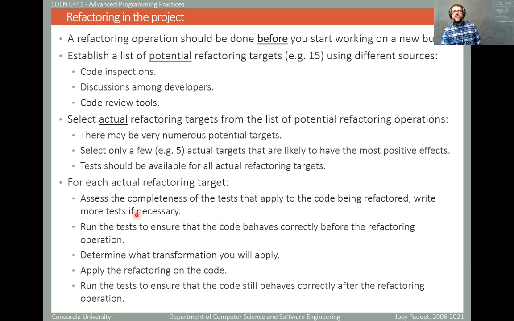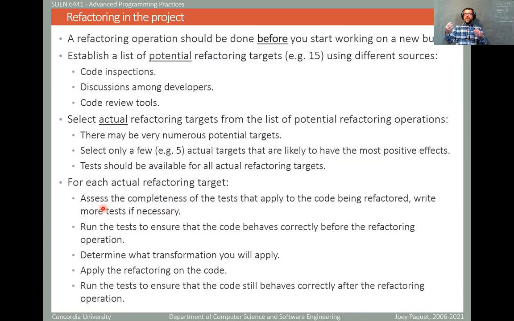Then you have to do the refactoring operation on these 5 refactoring targets that you have identified. Basically, the first thing you do is identify the classes that will need to change by this refactoring operation.